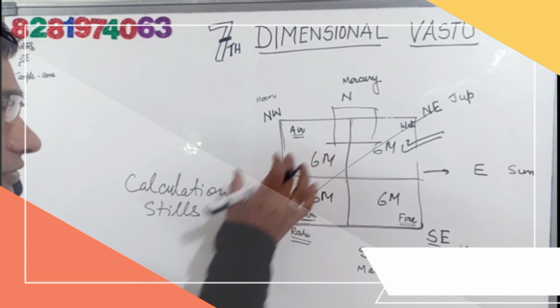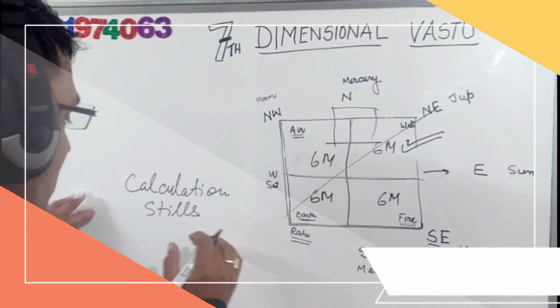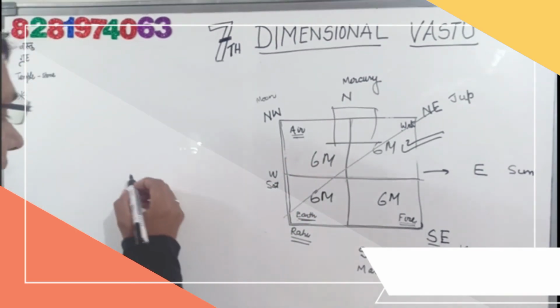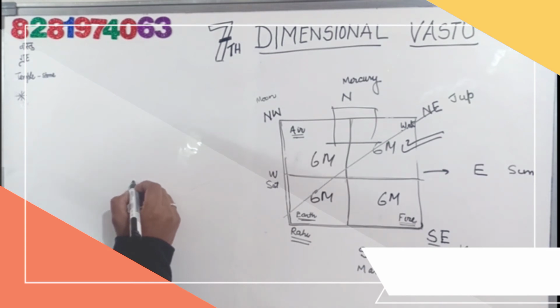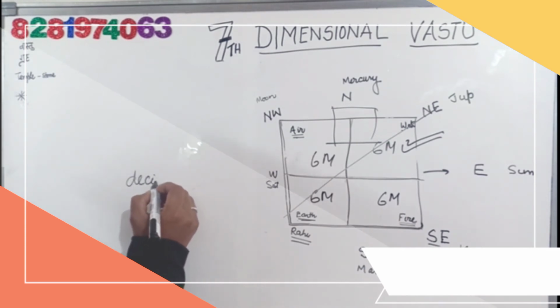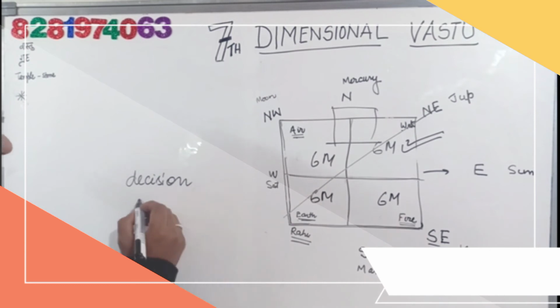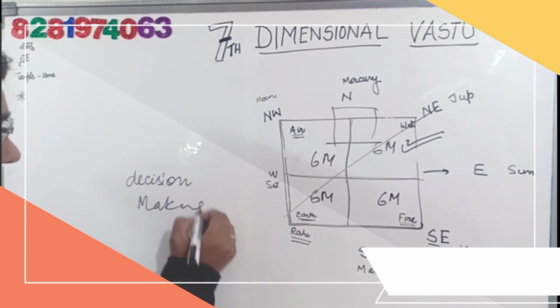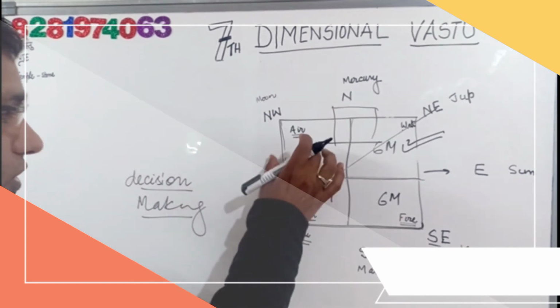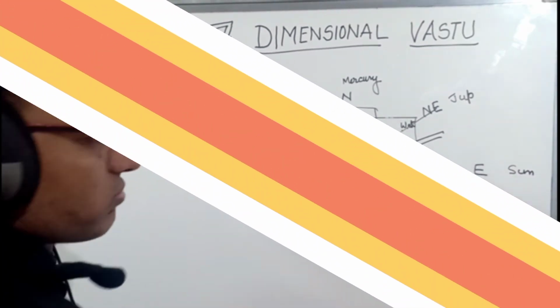This corner will increase your ability to take decisions very fast. Decision making will be very faster in this corner. So if you know astrology, then you will easily understand the importance of this corner.